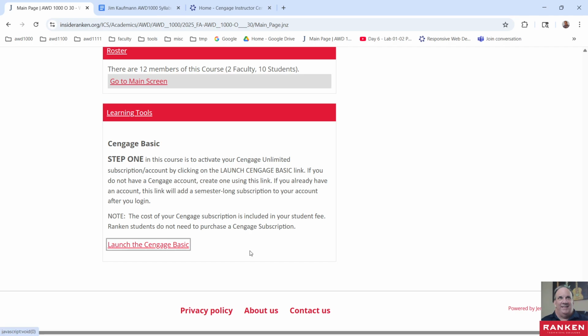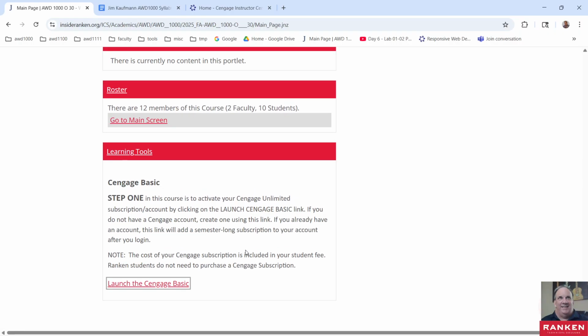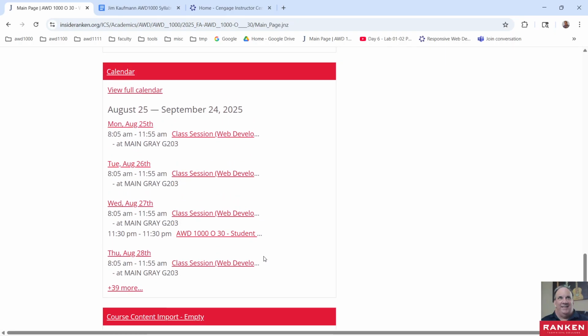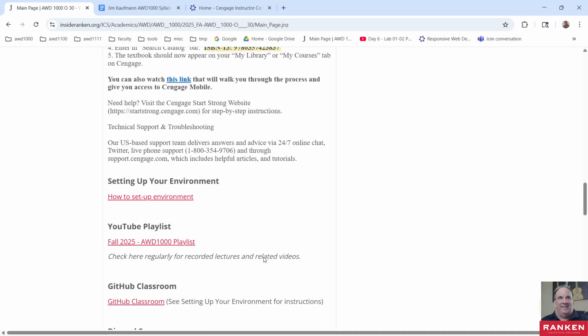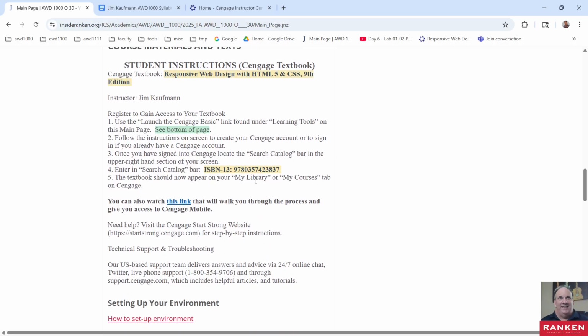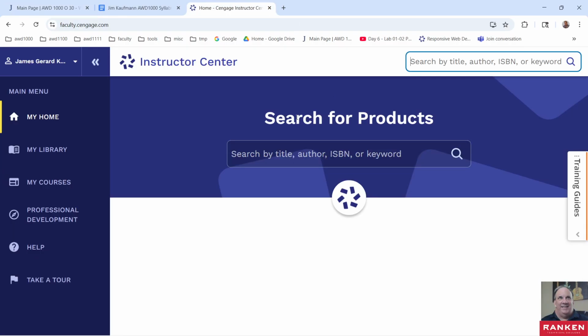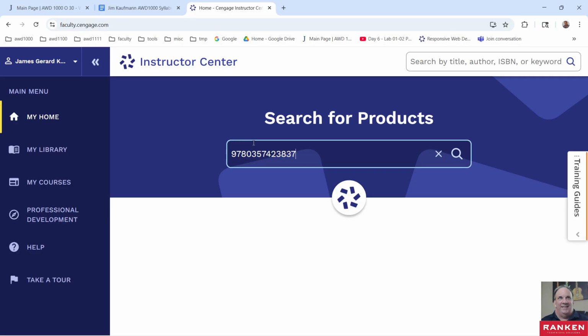So basically click that. It's going to say login, click login. And if you don't have an account, you'll have a link down there that says create account on that page. So you just want to go ahead and create an account and follow the directions there. After you do that, come on back up here, and once you get logged in, you're going to want to grab this ISBN number and put that in there.